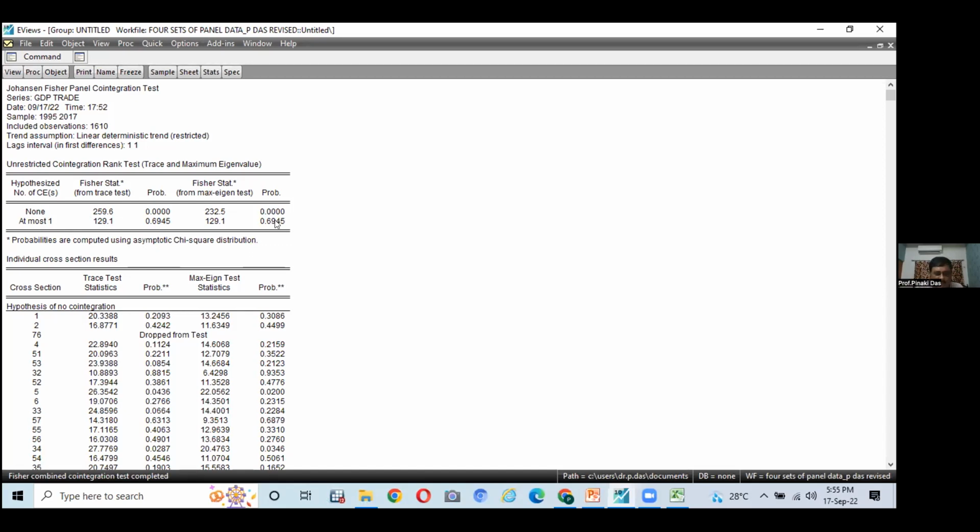Here both the tests are statistically insignificant. That means the null hypothesis is not rejected, which implies that there is at most one co-integrating equation.